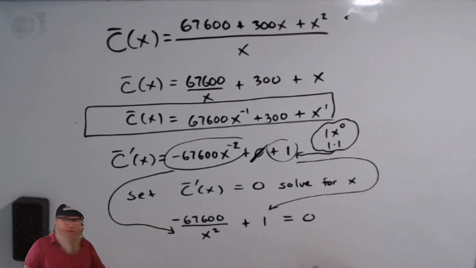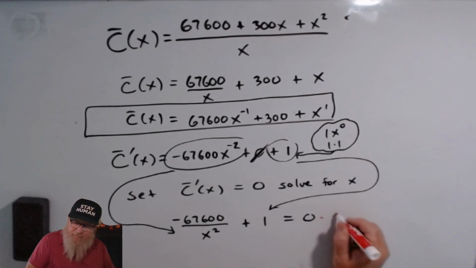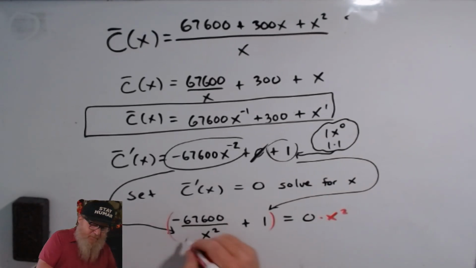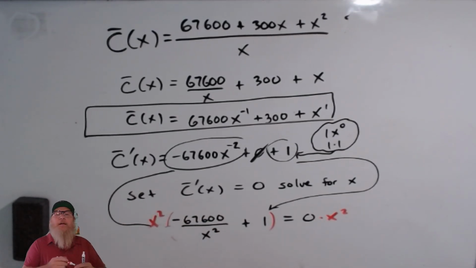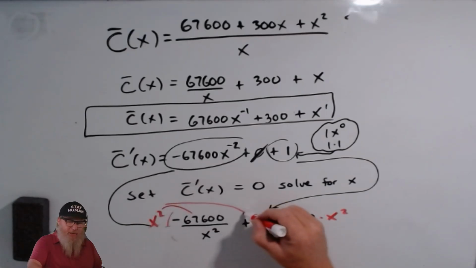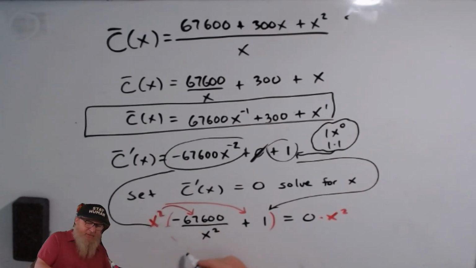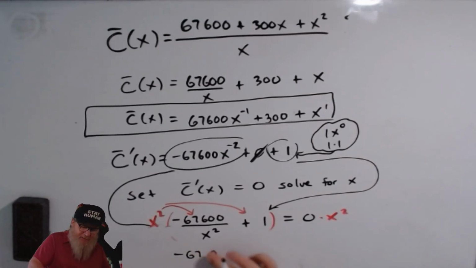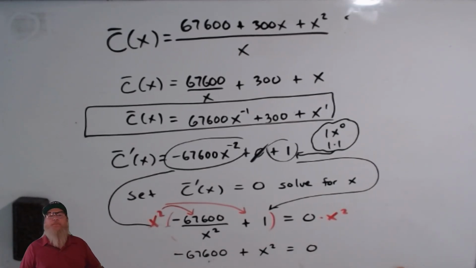All right, so we're going to multiply both sides by x squared. Remember, you're distributing here. So you've got negative 67,600 plus x squared equals 0.